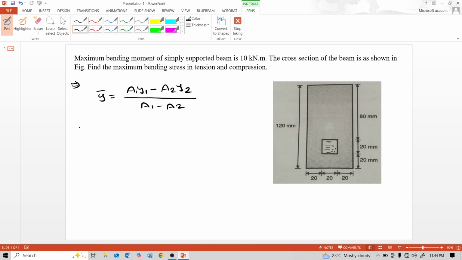Now a1 is the area of the whole rectangle: 120 multiplied by this 20 plus 20 plus 20, which is 60. 120 multiplied by 60 is 7200 mm square.